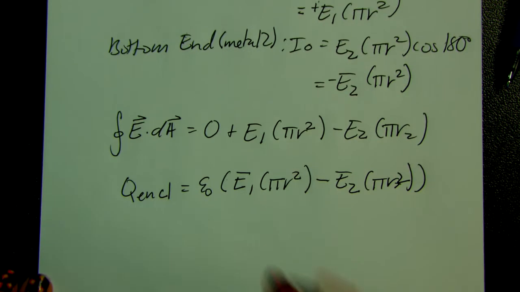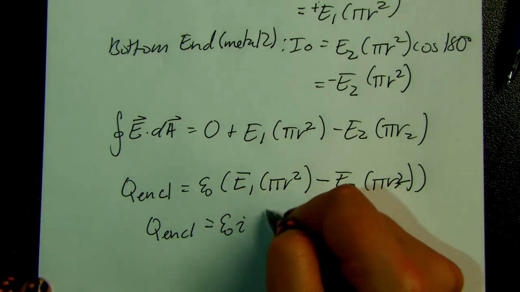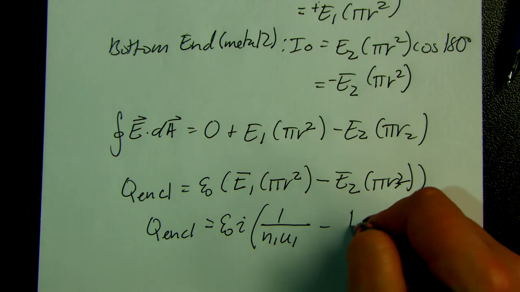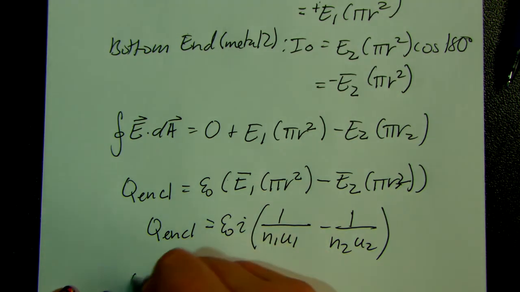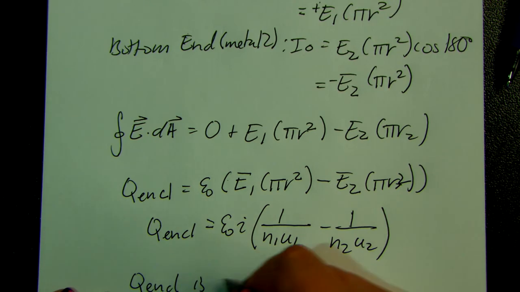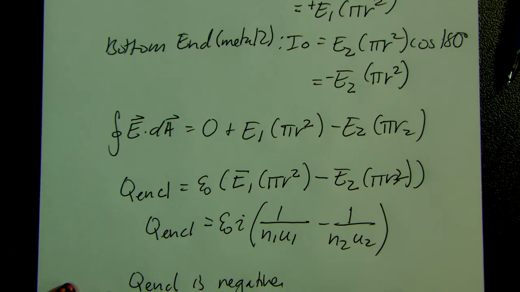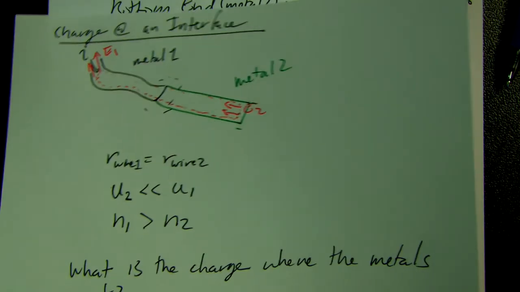And so Q enclosed is equal to epsilon naught I times 1 over n1 u1 minus 1 over n2 u2. We can see Q enclosed is negative. That makes sense because the interface should be negative to increase the electric field in metal 2 and decrease the electric field in metal 1. So these are the parameters, again, that we started with.